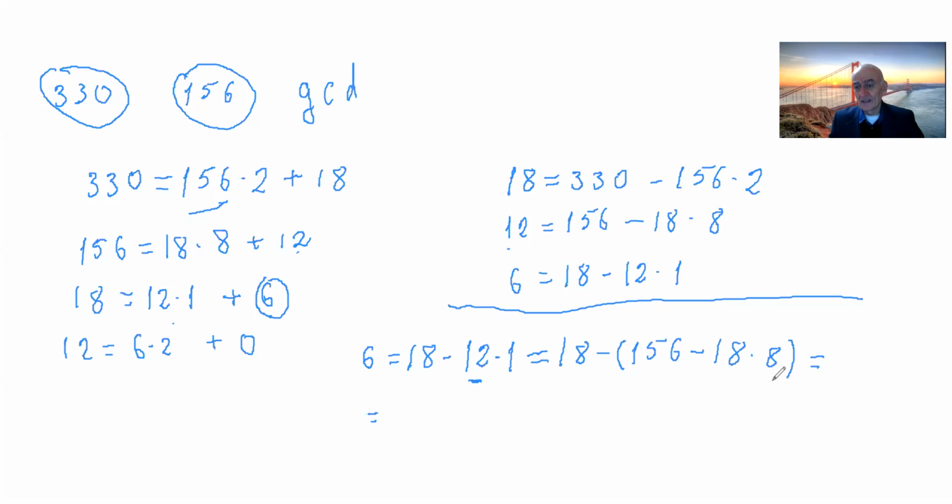But I strongly recommend, before replacing 18 by the equal expression, to simplify this expression. By simplify, I mean here we have 18 minus 18 times 8, and it's going to be 18 times 9 minus 156. Please look carefully, any questions?